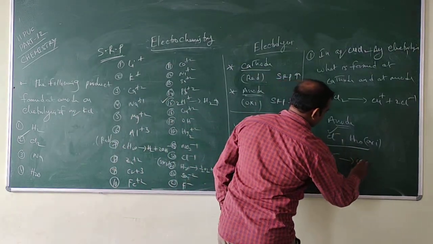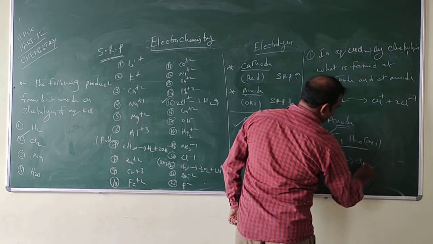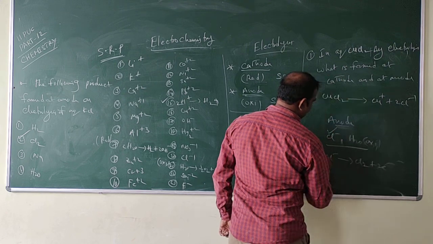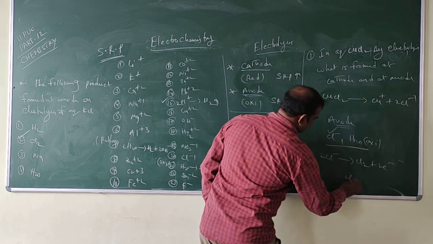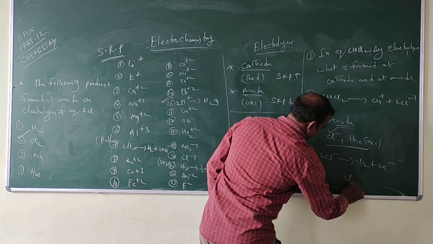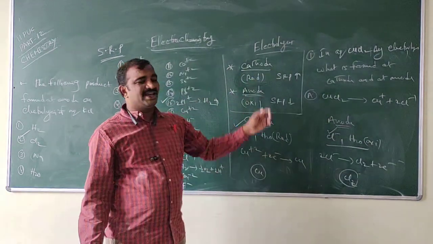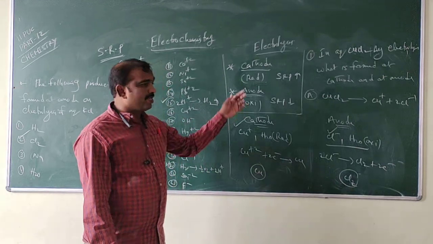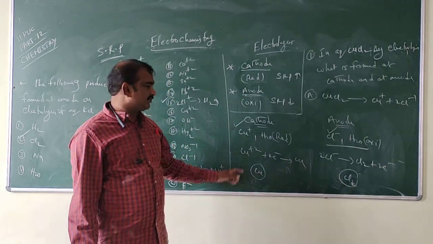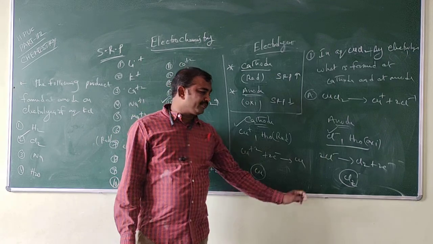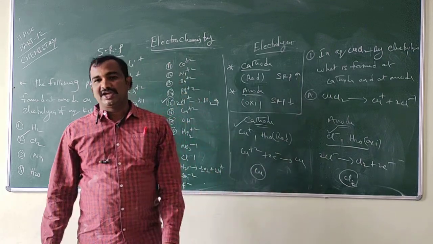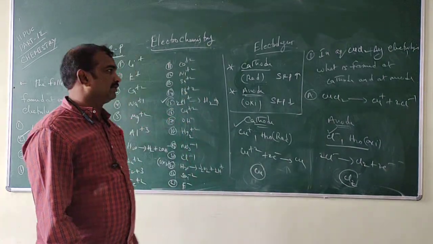Cl minus gives rise to Cl2 plus 2 electrons. Finally, Cl2 is formed. That means in aqueous CuCl2 electrolysis, Cu is formed at the cathode and Cl2 is formed at the anode.